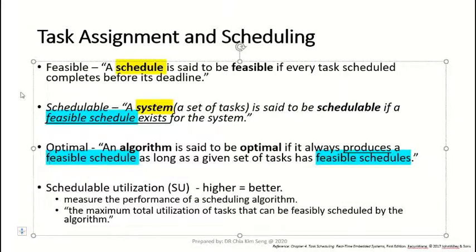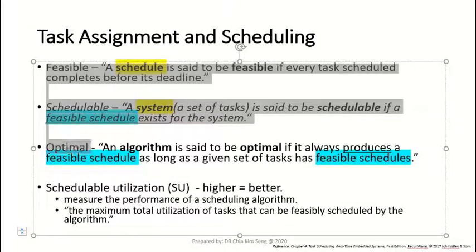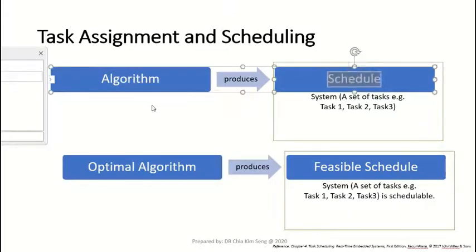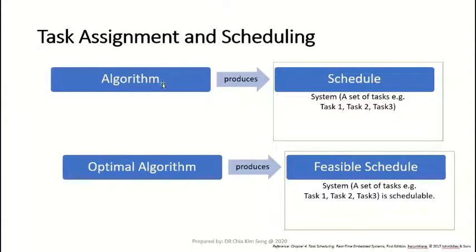To link these three new terminologies, we can use this block diagram. Basically, the algorithm produces a schedule, whether you are using RM, the rate monotonic algorithm, or DM. This schedule will be used for a system. A system, of course, has several tasks: task 1, task 2, task 3, task 4, and so on, and it sets which one has higher priority, for example which one will be executed.